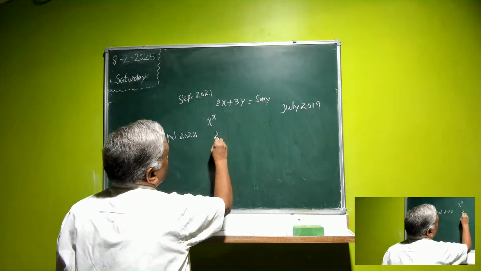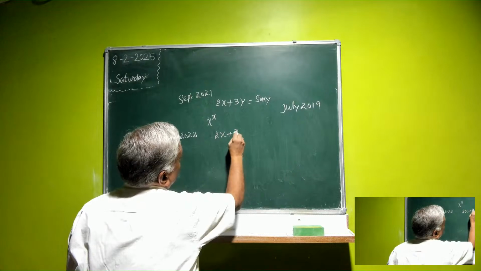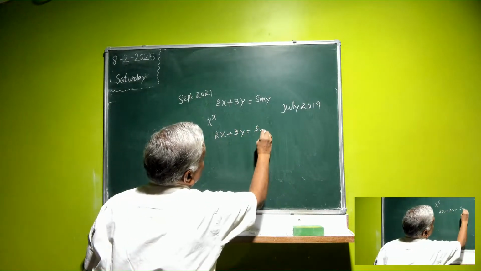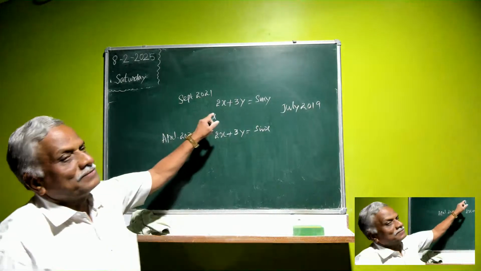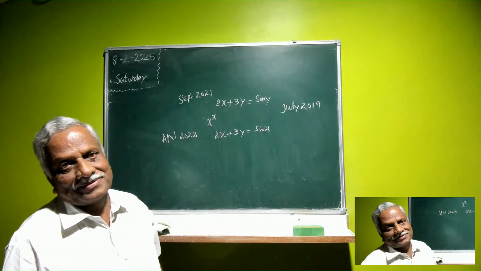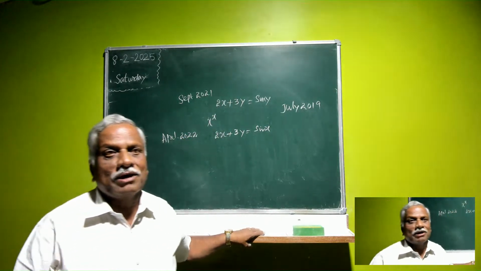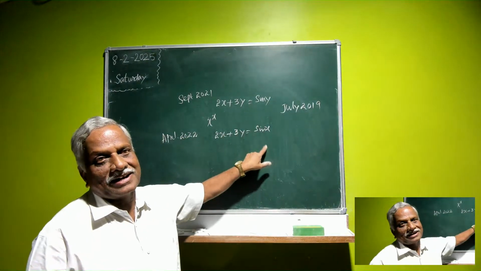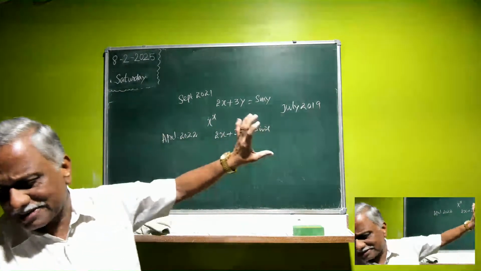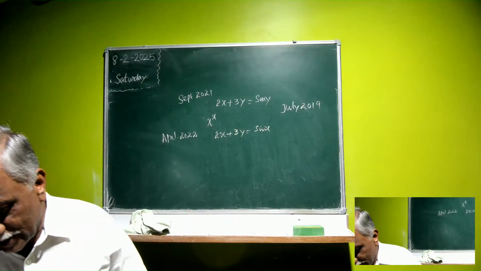Find dy by dx if 2x plus 3y is equal to sin x. So same, left hand side is same. Of course, nobody can buy it and write the answer, but supposing they do it, they will not get the marks on right hand side. That's why some examiners will do this.